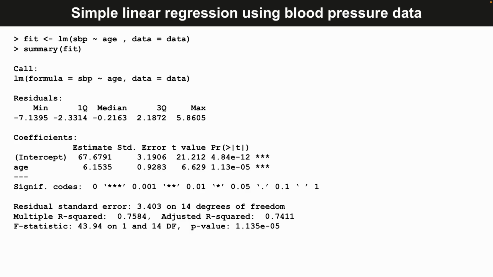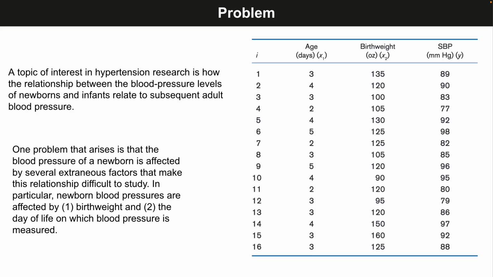One discussion we had last time was that this is on the same scale that you originally got the data from. At this point, you cannot compare 6.15 and 0.15 because those are on different scales. The reason one of those numbers is higher will be clear from the actual scale of the data. Age is in terms of days, birth weight is in hundreds, and blood pressure is in hundreds.